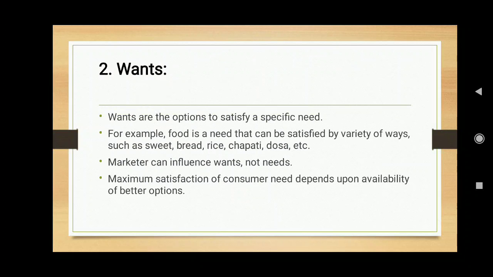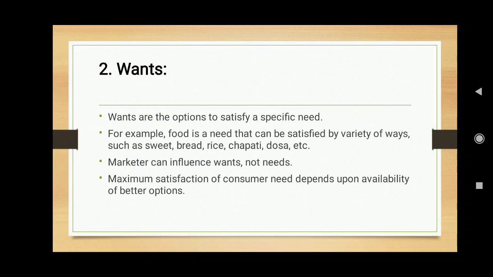As a marketer, since we are studying principles of marketing, you need to study those needs and wants. When needs are converted into specific ones, you have to study what those specific wants are.